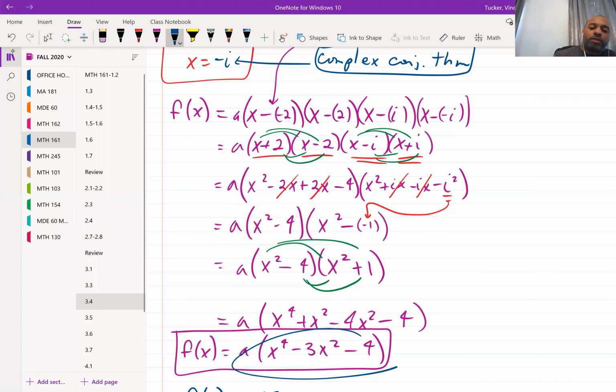And our result is right here, x to the 4th minus 3x squared minus 4. So any questions before we see if we have a number for A? All of this is algebraic. We're just doing algebra, just doing our distribution, combining like terms. Just have to make sure you're careful with your terms and careful with your signs.